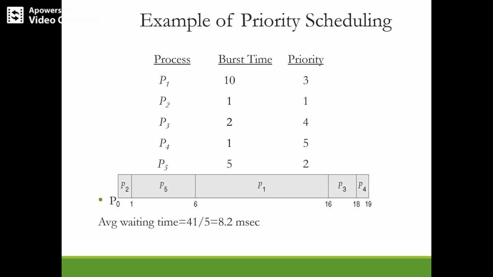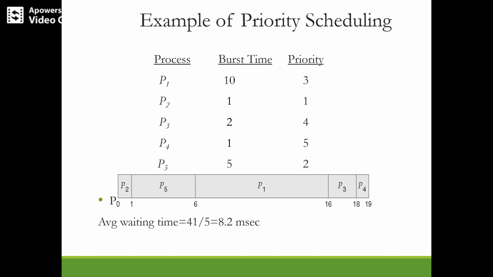You can observe the priority for process P3 is again the next higher priority after P1. And the last process that has to be executed is process P4 which is having the burst time 1 millisecond and with the low priority.